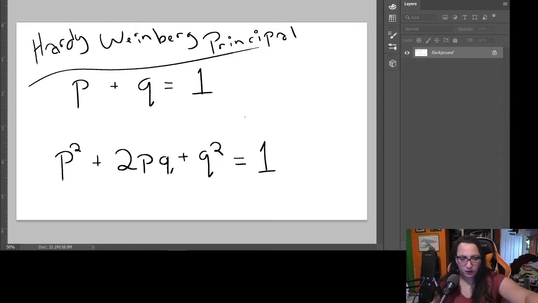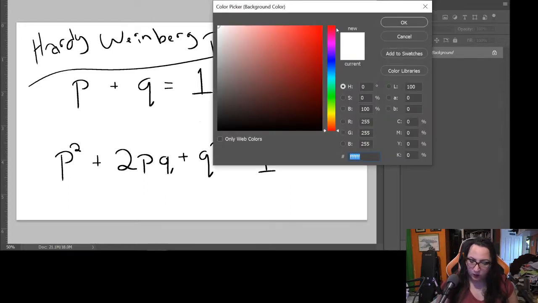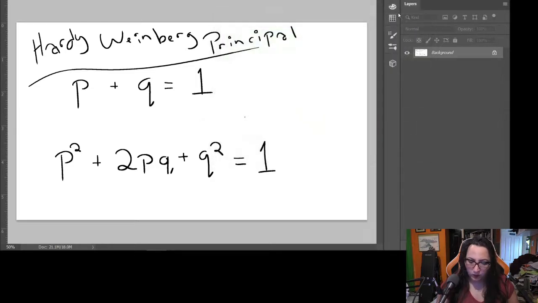So let's mark this up a little bit, just so we get some notes. We'll use red. No, we'll use green. Oh, I did the background color, so we'll just swap them.